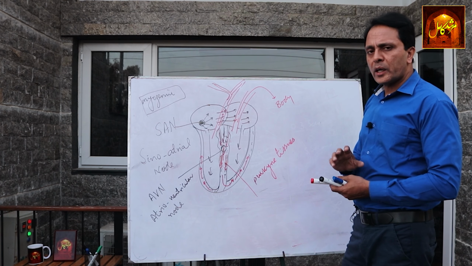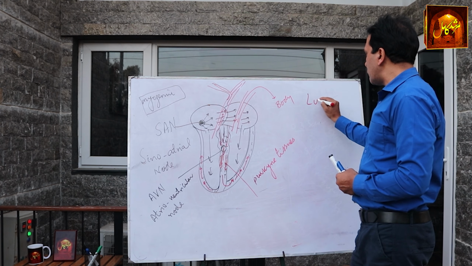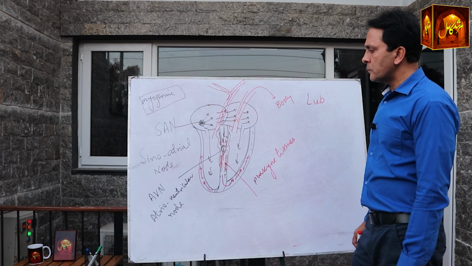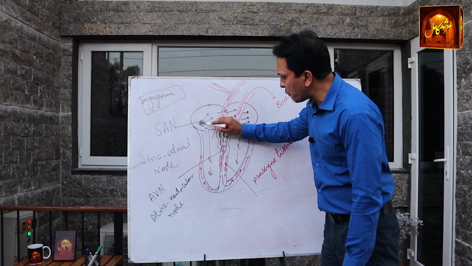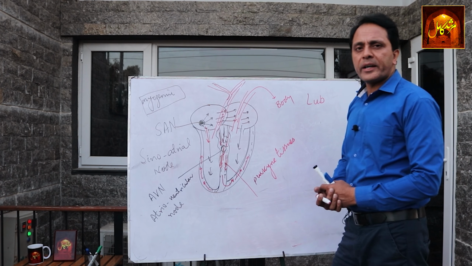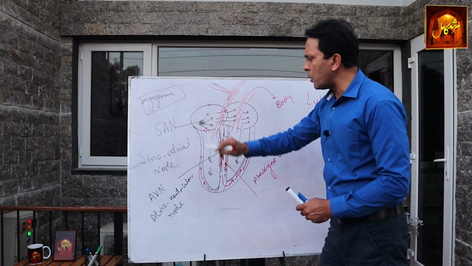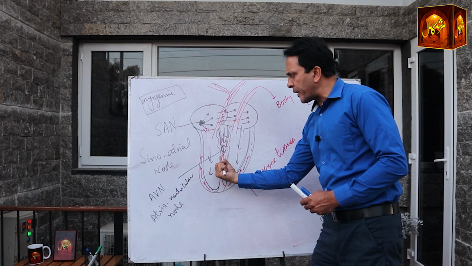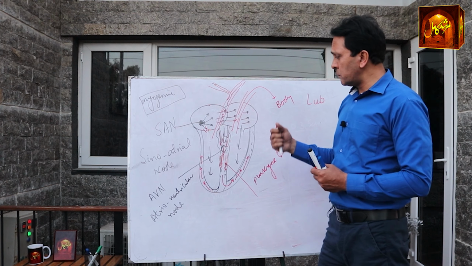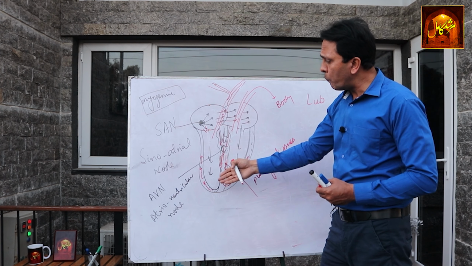Over here, when we talk about the sound the heart produces, the first one is called lub. When is this sound produced? When blood enters from the atrium into the ventricle and the ventricle contracts, at that time the atrioventricular valves snap shut, so the blood will not flow backward.